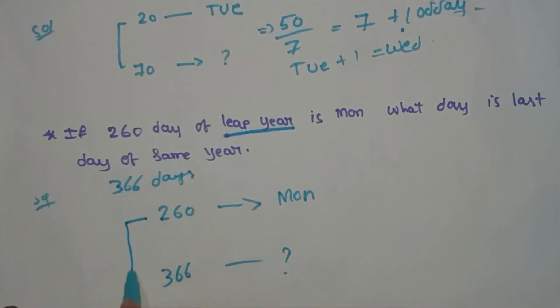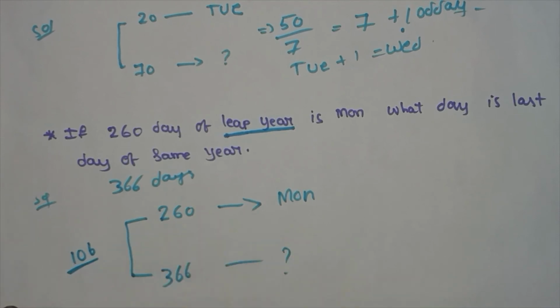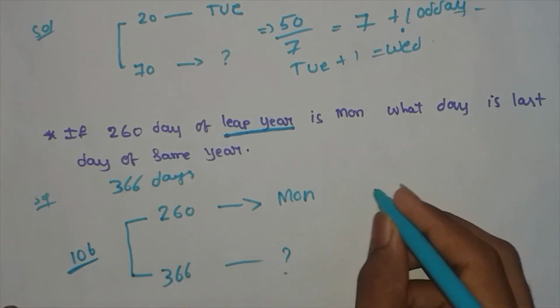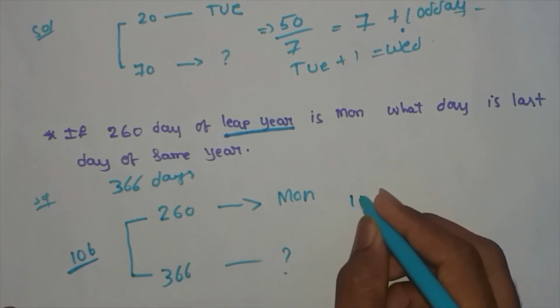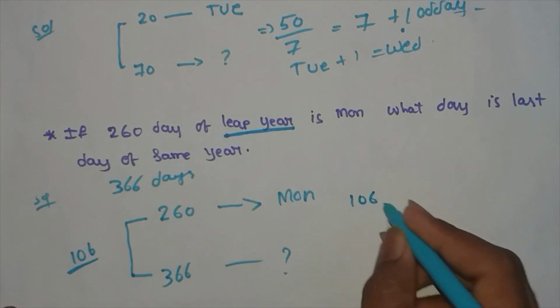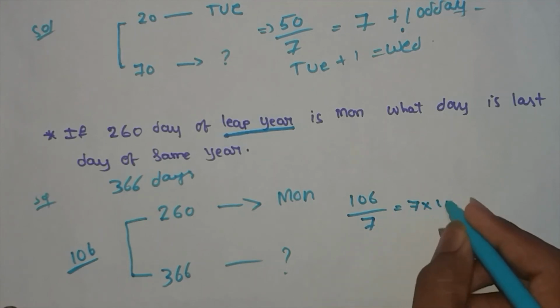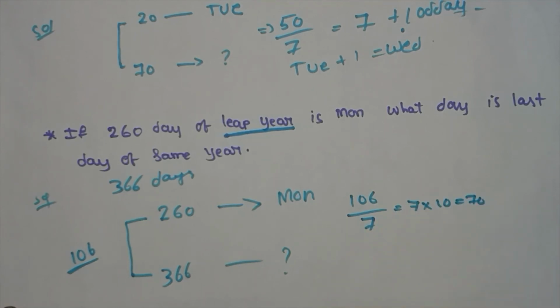So take the difference between these. What is the difference? It is 106. So for this 106, find the number of odd days. How will you find the number of odd days? By dividing it by 7. 7 tens are 70.